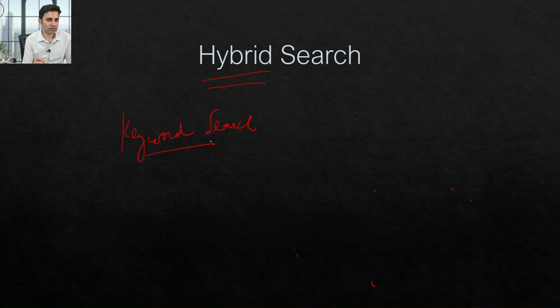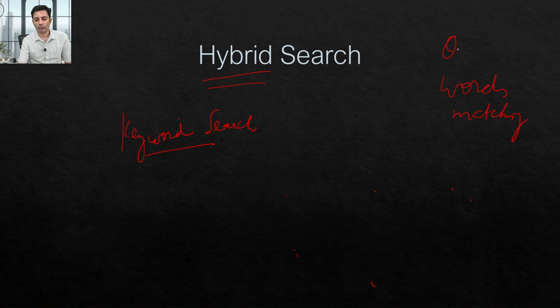Now keyword search is when I use the words I want to buy 3 BHK house, so it will try to pick up the words BHK, house, 3, buy, and try to match exactly those words in the backend, which is the vector DB. Now if it is able to find it, great, it will add those results also apart from the semantic search.